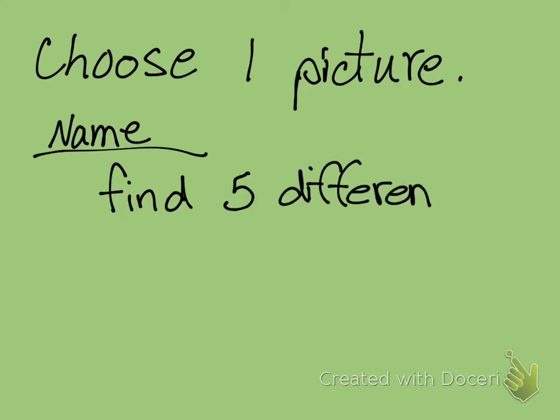And I would like you to find 5 different fractions in that picture. These are different than what you've already found. So find 5 different fractions. Okay. Let's say that the fractions you find, so let's say you chose Parka's and all your fractions are out of 15.